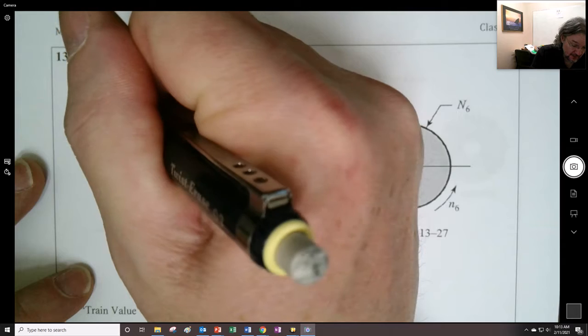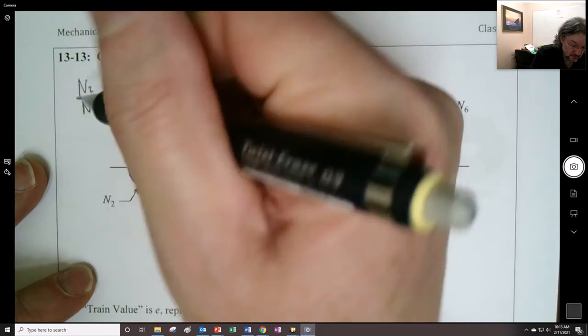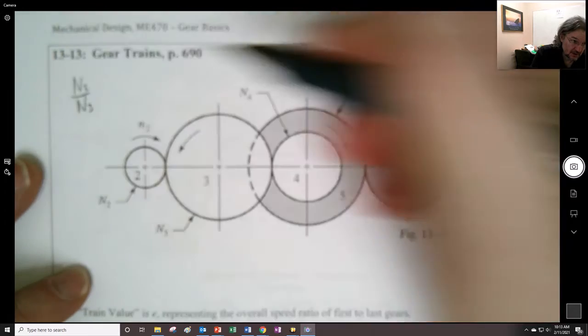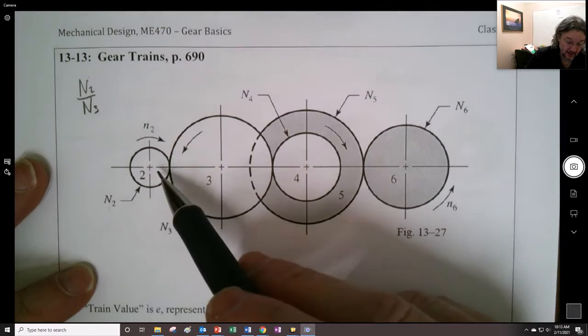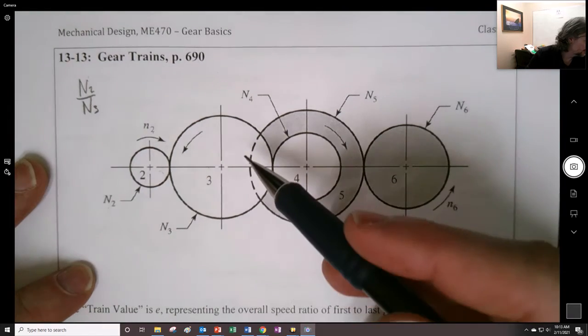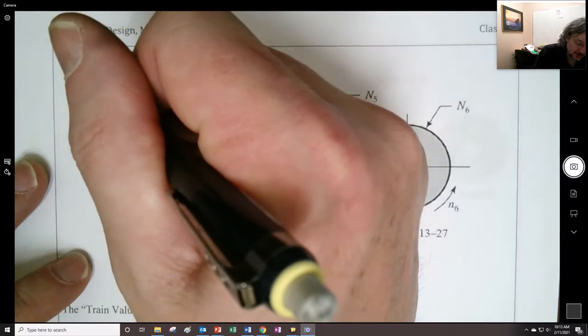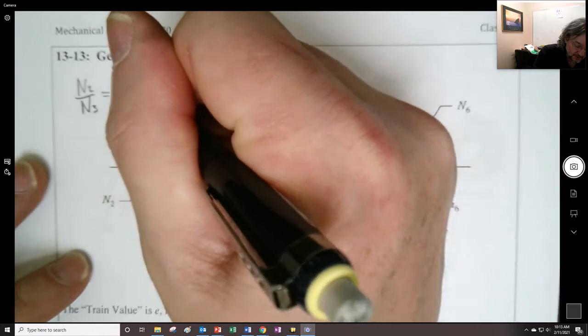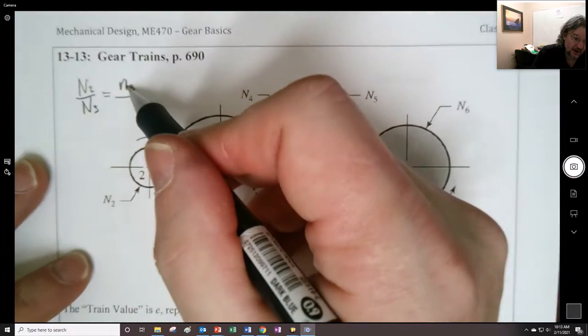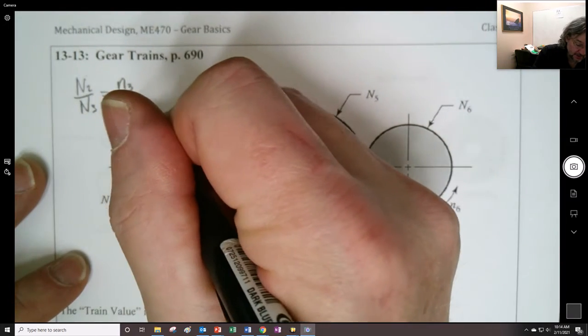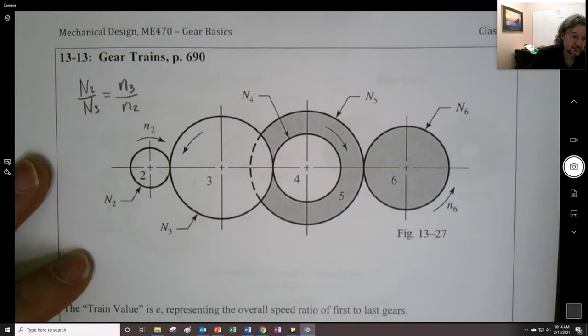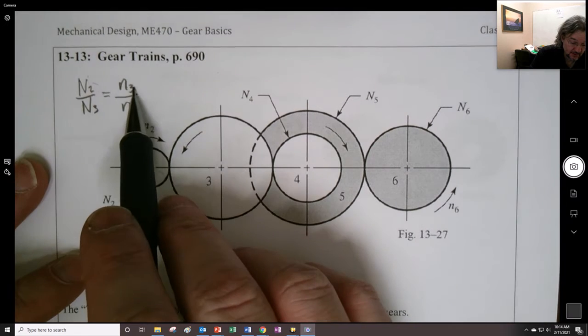So if you have a gear ratio of N2 to N3, as we're just dealing with this stage right here, it ends up being inversely proportional. So the RPM is going to be the inverse right here, right? So 2 on the top, 3 on the bottom, 3 on the top, 2 on the bottom.